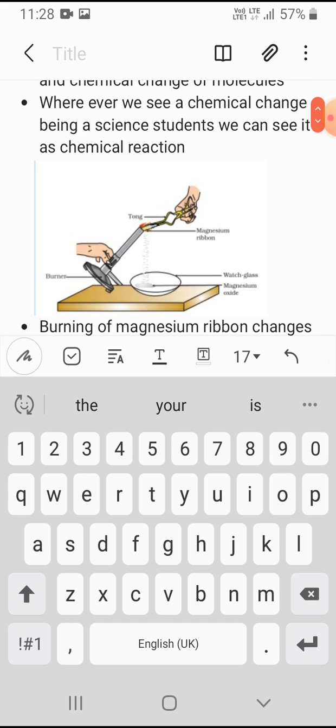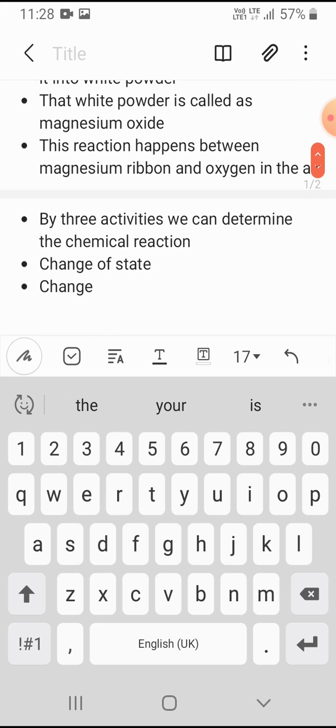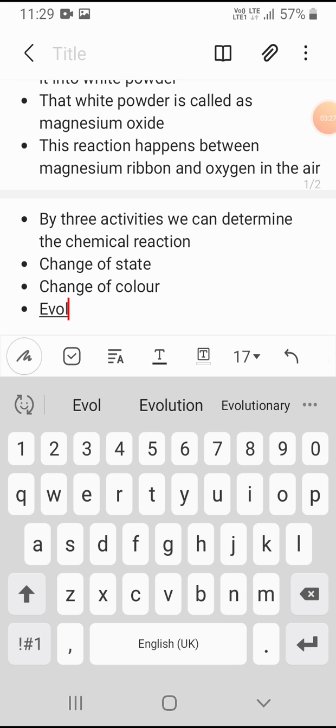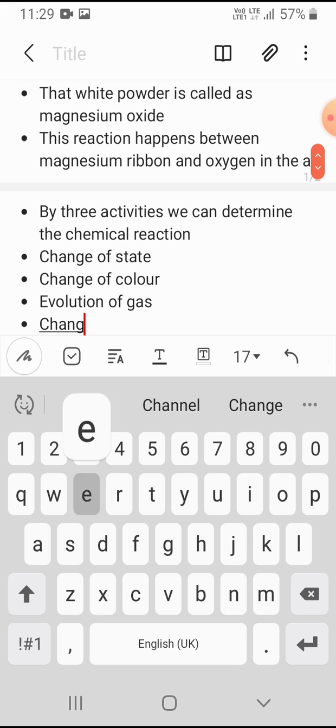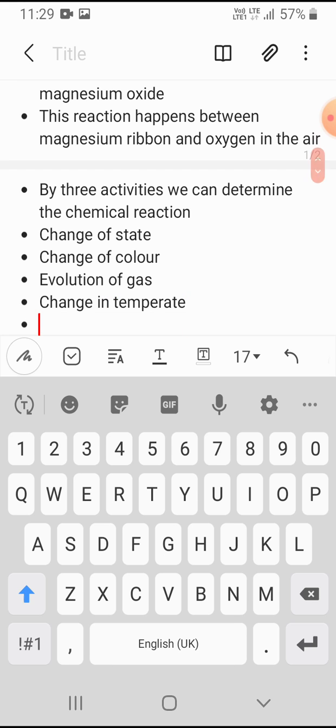See here, the magnesium ribbon was some other color and it became white. If we burn something, new gases may come, and there may be some change in temperature. By that we can say whether it is a chemical reaction.